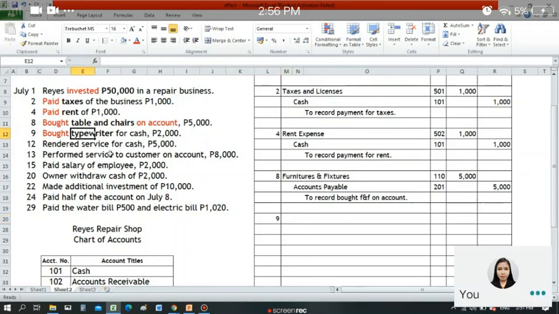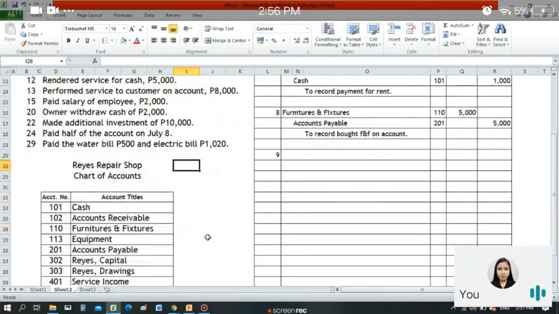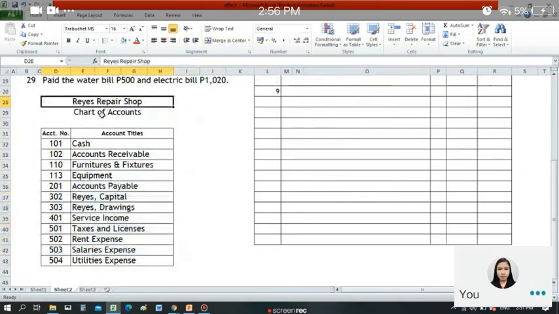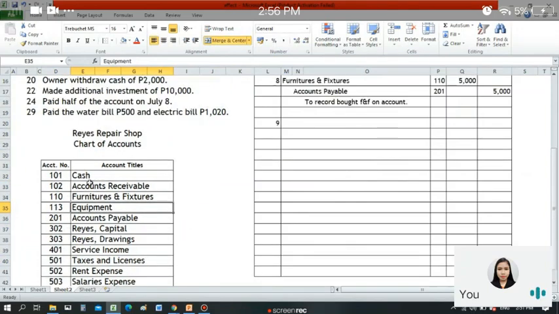So, meron pa tayong account title na typewriter. So, what do we have? So, you better check your chart of account. So, based on your chart of account, we have account title equipment. So, typewriter is an equipment.